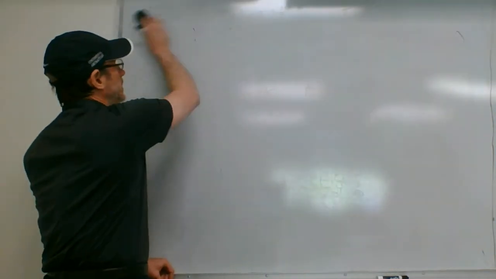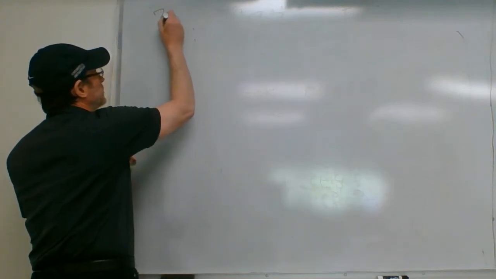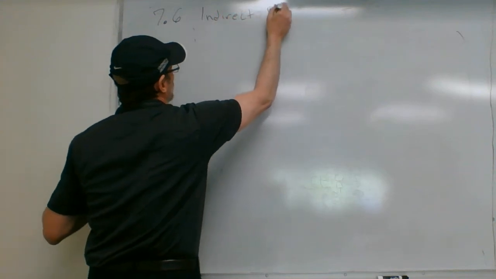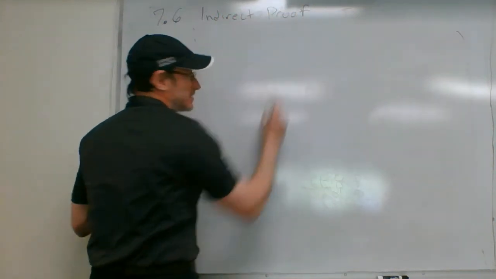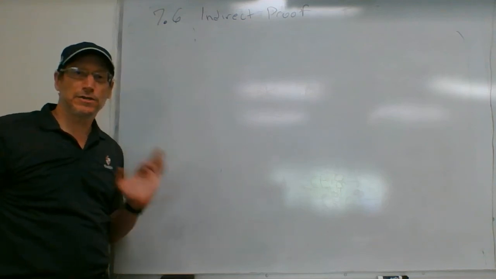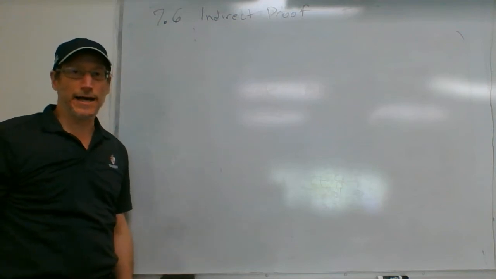What is indirect proof? Okay, so we're in 7.6. We're talking about indirect proof. And this has another name. It's sometimes called reduction to absurdity, or in Latin, reductio ad absurdum.